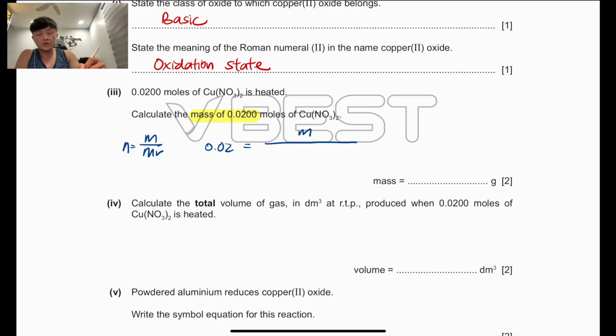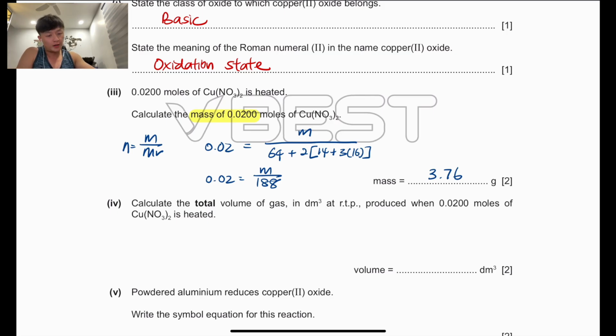Copper, based on the periodic table, you get 64, and then NO3, so everything is multiplied by 2, like nitrogen and 3 oxygen. So 0.02 equals m divided by 188. Eventually we get 3.76.